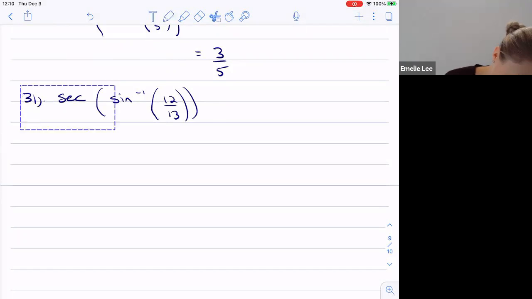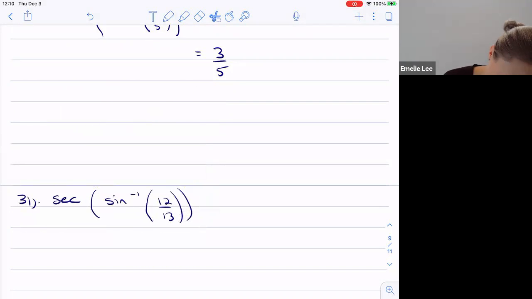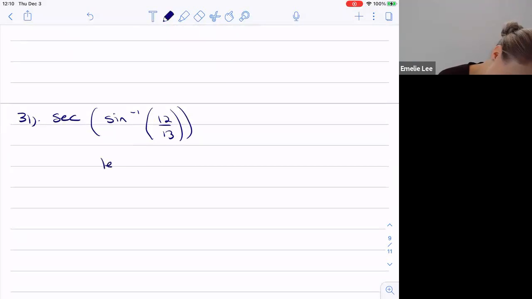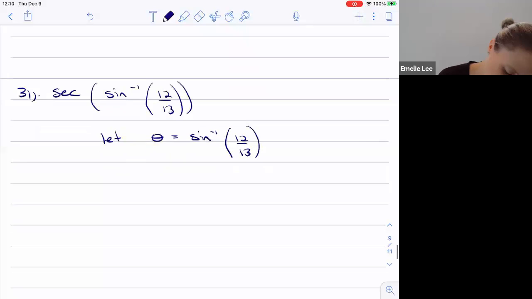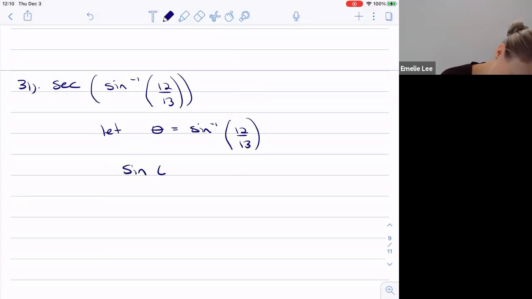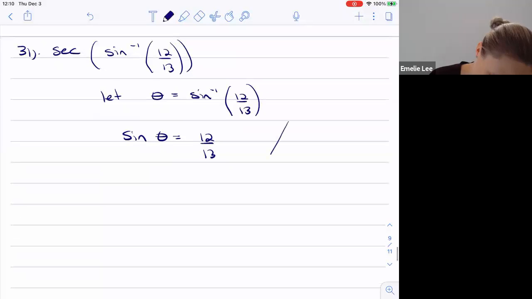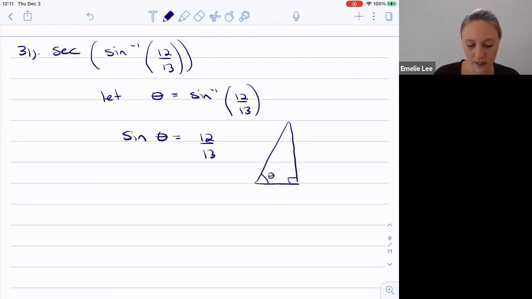So maybe I'll put this on a fresh page there. If I let theta be sine inverse of 12 over 13, then the sine of theta is 12 over 13. I can make my triangle. Let that be theta.